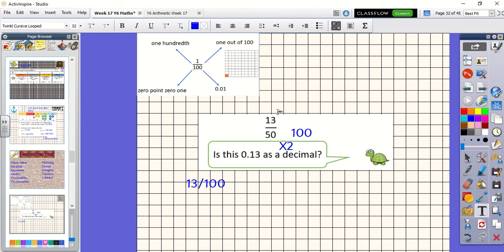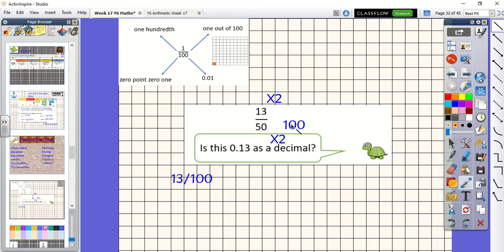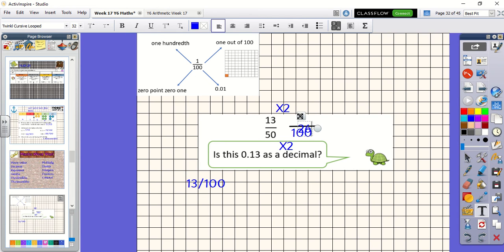So we now need to do 13 multiplied by 2, which is 26. So 26 out of 100 would equal 0.26 as a decimal, not 0.13. Okay, because 0.13 as a decimal is 13 hundredths, just like we worked out here.